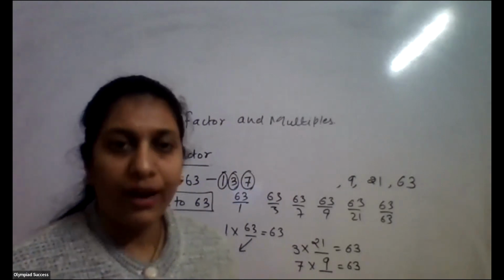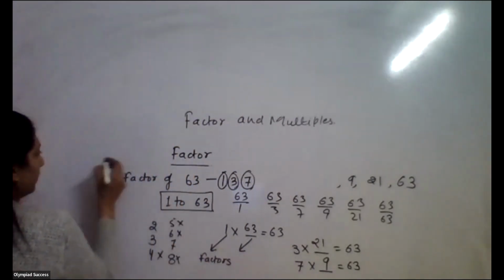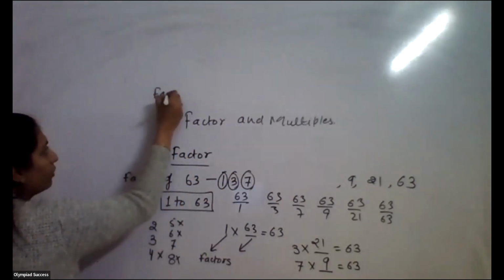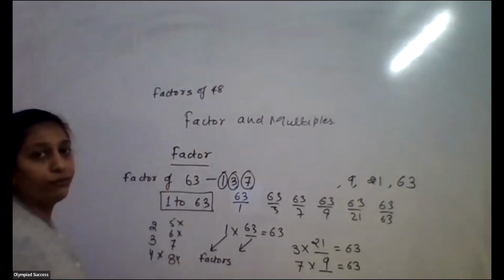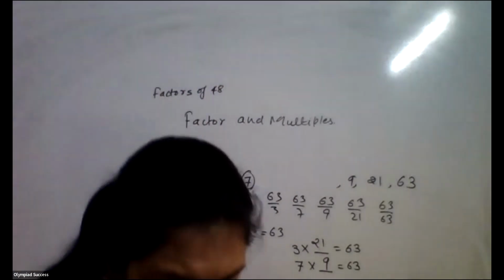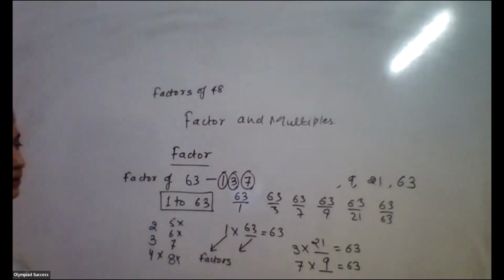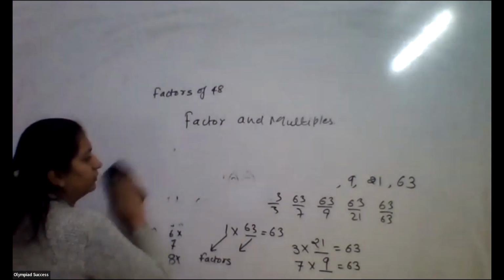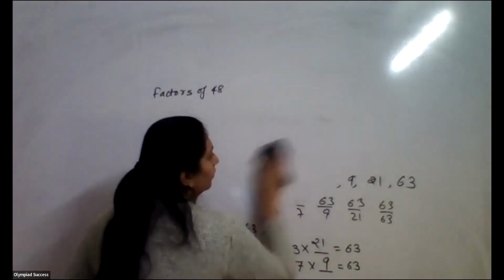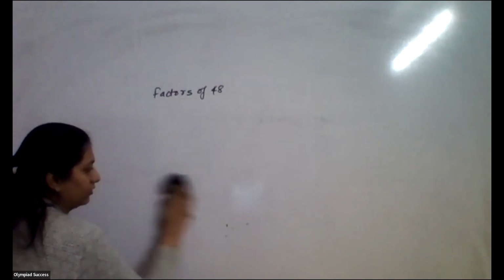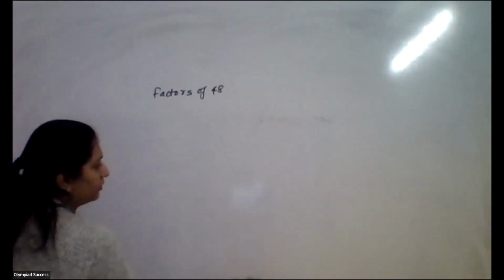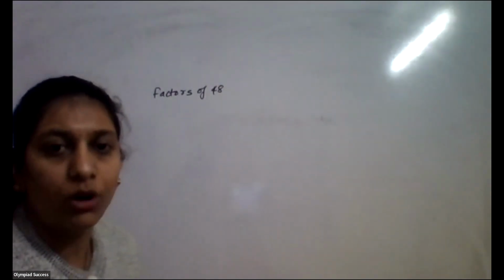Now, can you find the factors of 48 in the same manner? Find the factors of 48. Now, if you do it by this method, you will not skip any number. So, the first factor will be what?